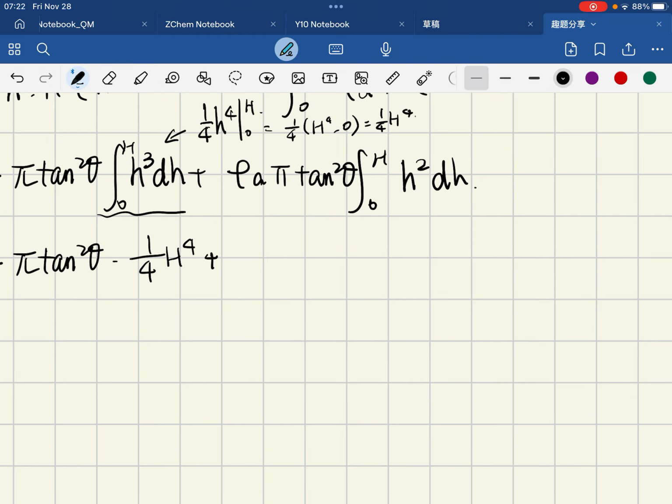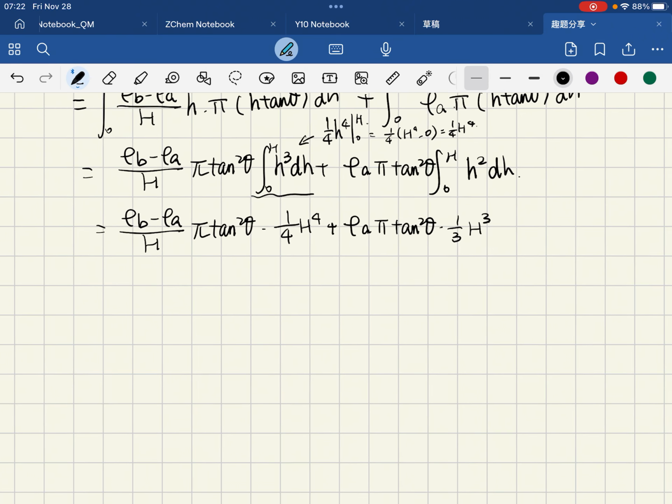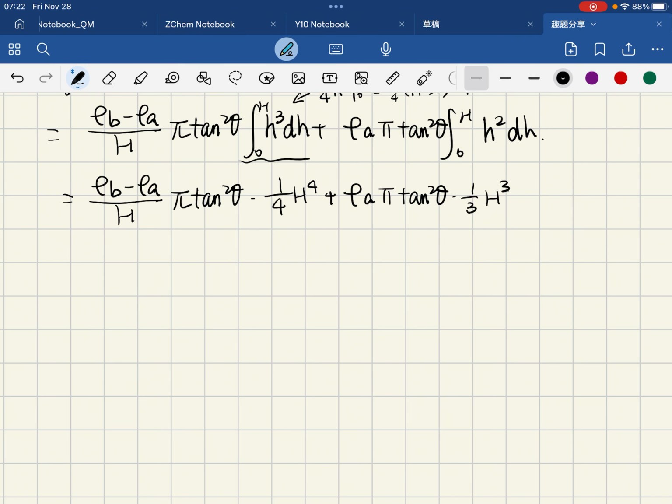Similarly for the second term, it is 1 over 3 h cubed. Let's arrange these terms, and we get the final answer: pi tangent theta squared H cubed times (1 over 4 rho B plus 1 over 12 rho A).